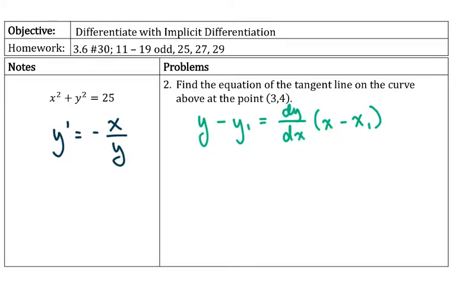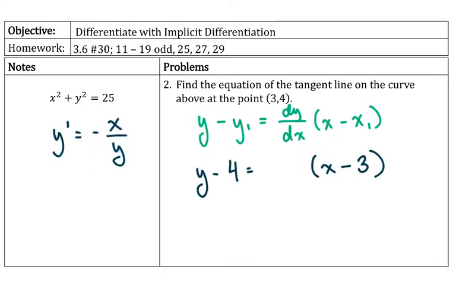And remember, this is one of the reasons that it's the difference in y over the difference in x, which is our definition of slope that we've been using since our first algebra class. Then we'll plug in our points. So y minus the y value, which is 4, is equal to x minus the x value, which is 3. And then we'll plug in our slope using this formula here.